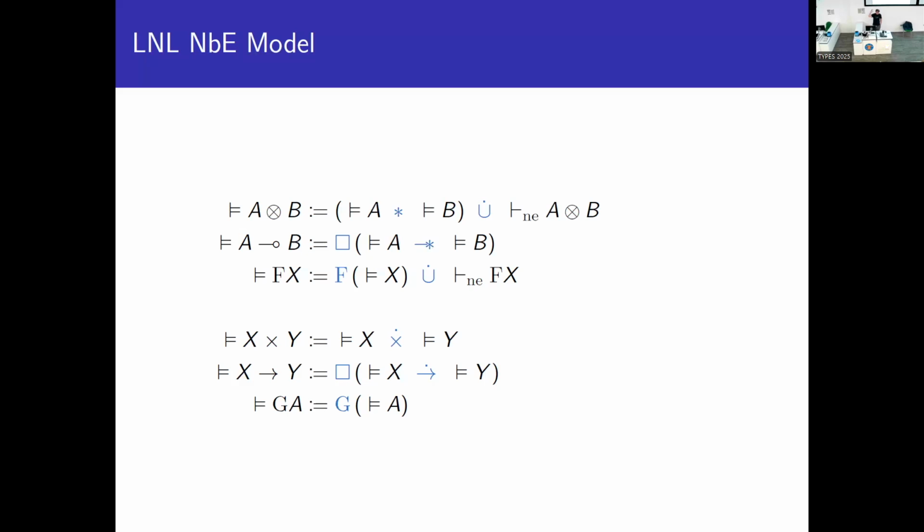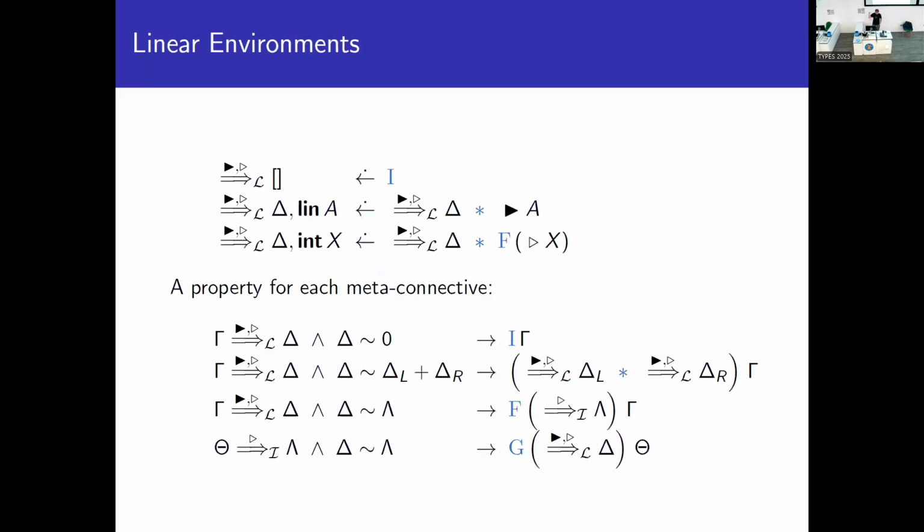Okay, and then oh yeah, that was the thing. This box for the function type is not actually defined yet because I haven't told you what the environments are, but they're like this. If you're making an environment into an empty context, you need the separating unit to hold of the left-hand context, which means it's purely intuitionistic. And contexts are implicitly tensored together, so it looks like tensor introduction for the other cases.